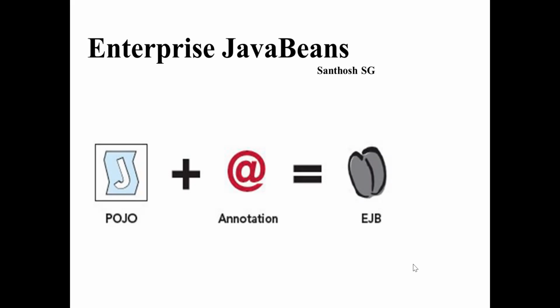Anyone? It is a plain old Java object. A plain old Java object plus the combination of the metadata, the basic data types in Java applications, is equal to what we can call an EJB. What is EJB? Nothing but Enterprise Java Beans.